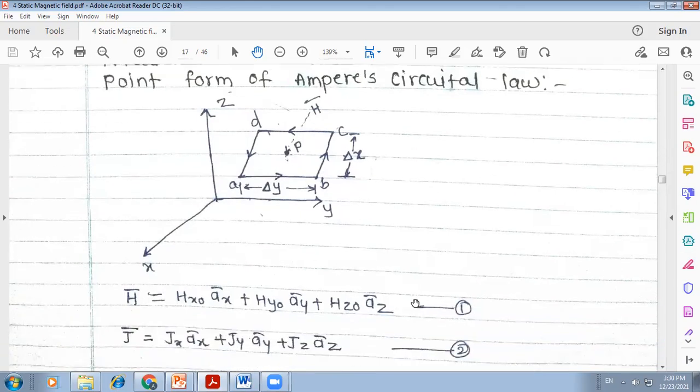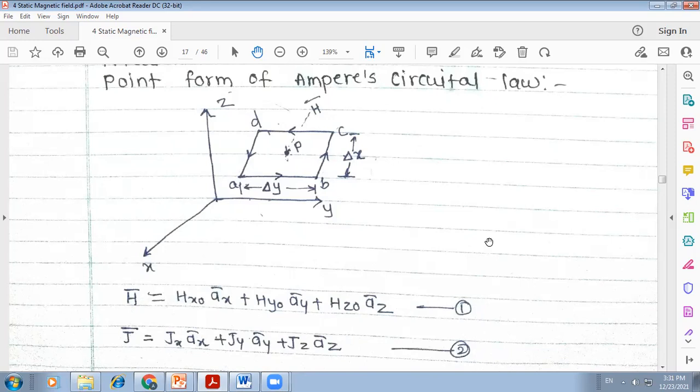So the h bar, that is magnetic field intensity at point P, or at the center, is given by h bar equal to hx0 a bar x plus hy0 a bar y plus hz0 a bar z.